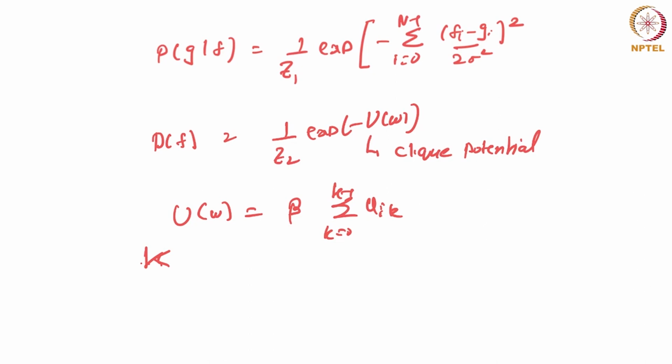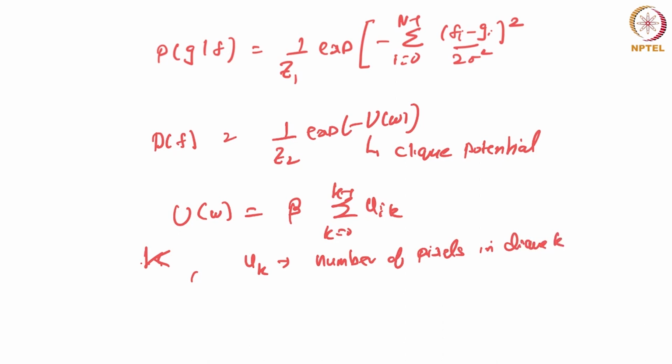If you take every clique, u of ik is the number of pixels in a clique k which have the same intensity as the center pixel i.